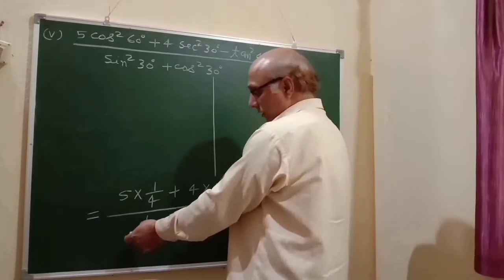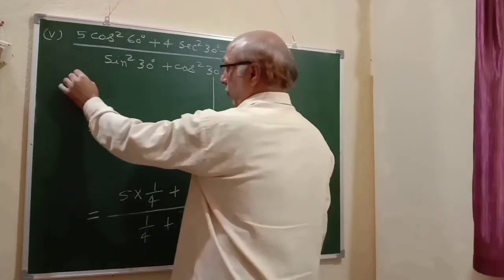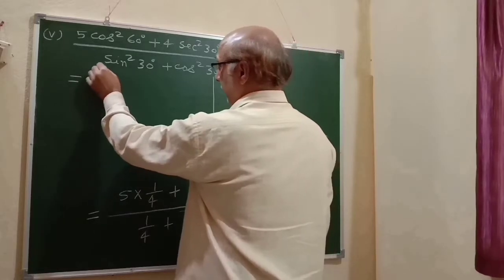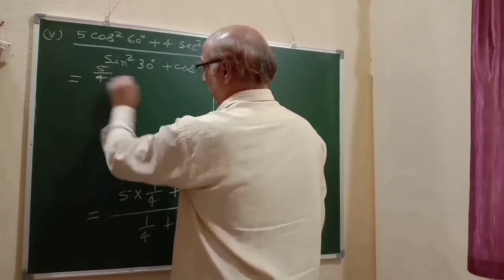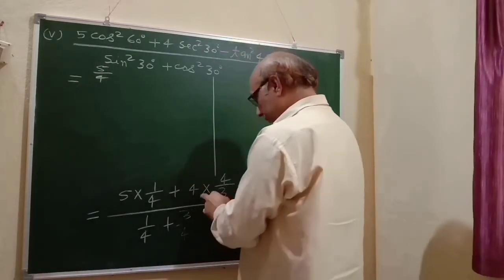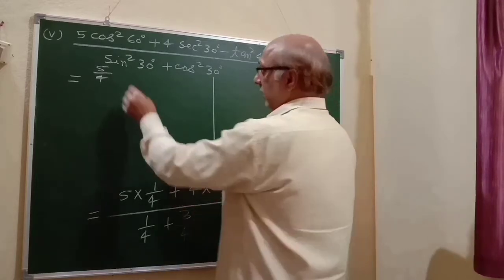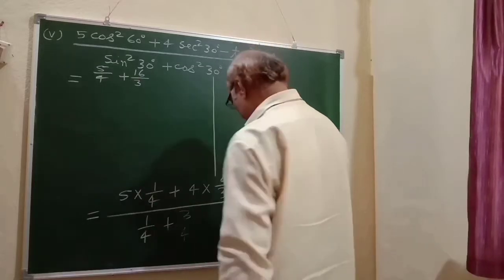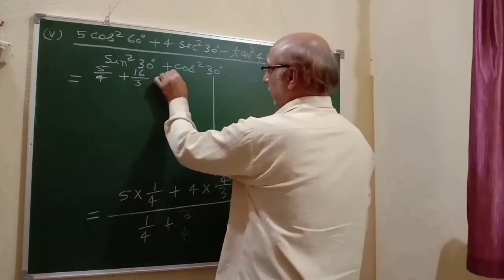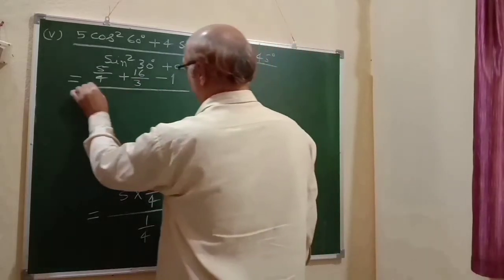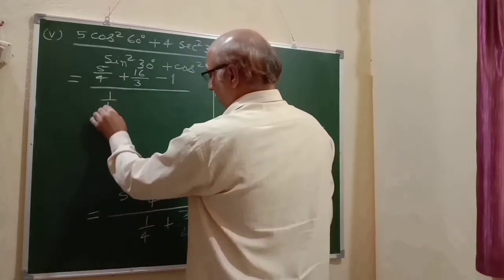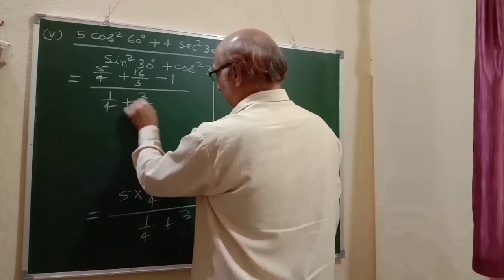And here this is equal to 5 into 1 by 4, means we get 5 by 4, plus 4 into 4 by 3, 4 fours are 16, 16 by 3, minus 1, by 1 by 4 plus 3 by 4.